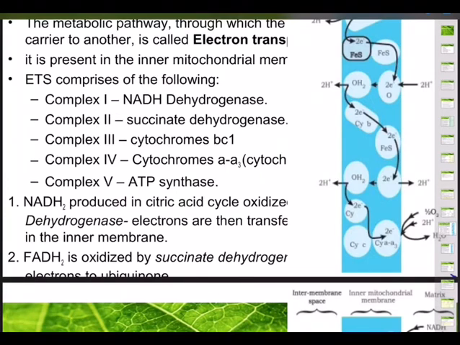From FADH2, the electrons are transferred to CoQ via the FES center, and CoQ is reduced to CoQH2. So this is what happens in complex 2.